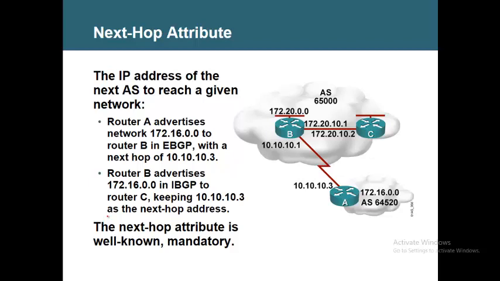So for router C, the next hop is not going to be router B, the next hop will be router A, because that is the autonomous system where the network is advertised from. Even though B is giving to C, when B gives to C, it will keep the IP address 10.10.10.3 as the next hop. So C will find next hop as 10.10.10.3.